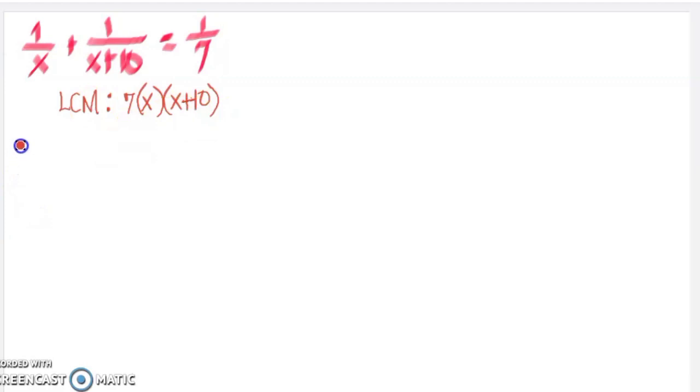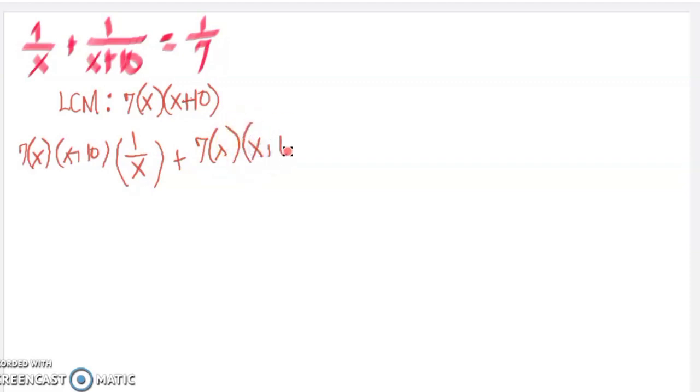So, we have 7 times x plus 10 times 1 over x, plus, yan ulit, 7 times x plus 10 times 1 over x plus 10.